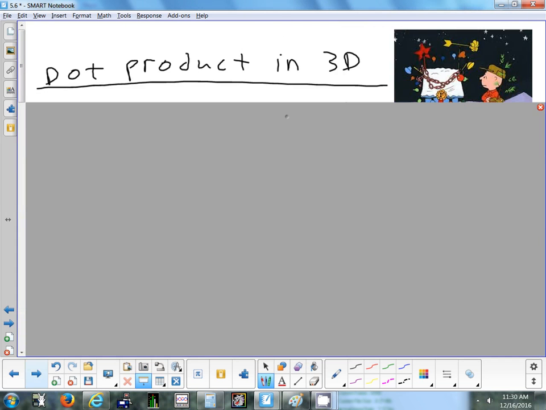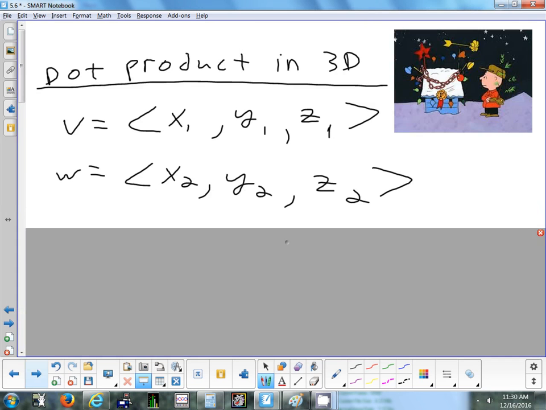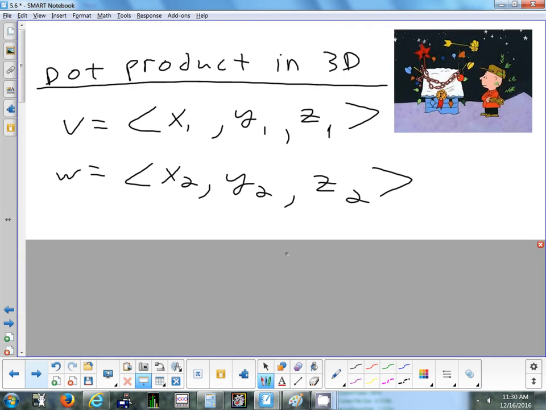All right, so dot product. If you could do the dot product in 2D, I could probably give you a problem without explaining anything, and you could do it in 3D. It's exactly the same thing. You just have to do one more step with it. So in 2D, how do you find a dot product?